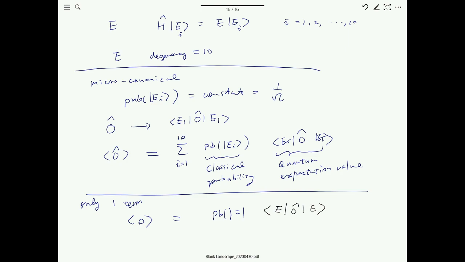So this is the pure state. First we understand this. Now I want to rewrite this expression in terms of a density matrix. How do I do that?